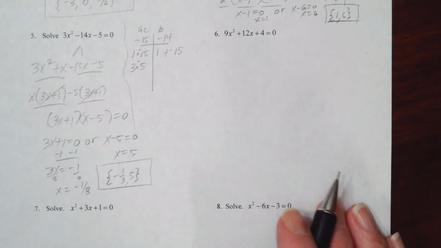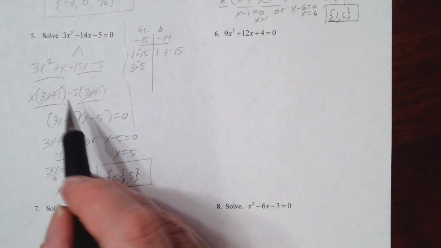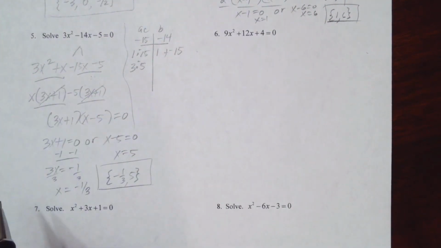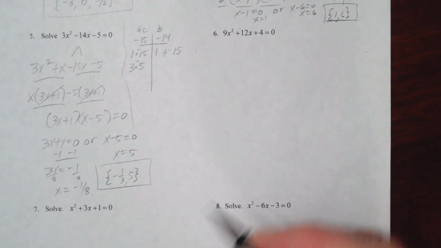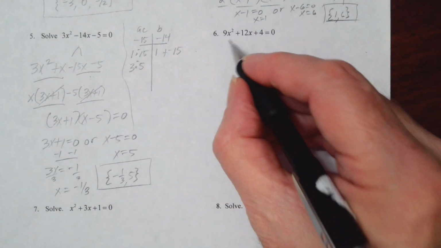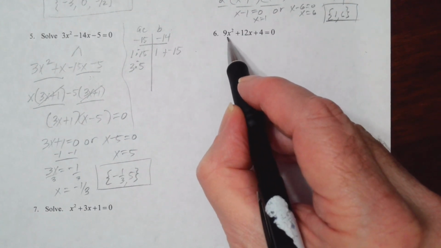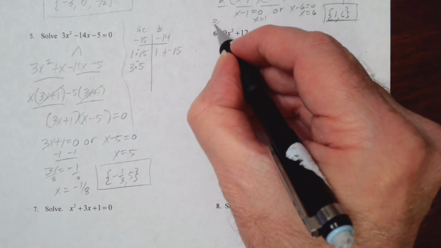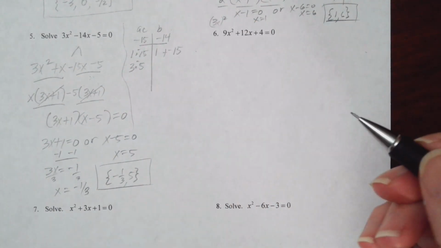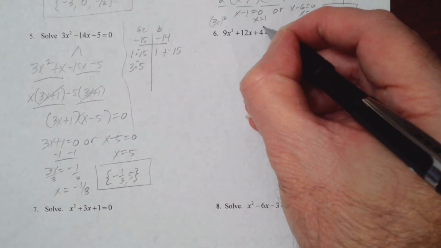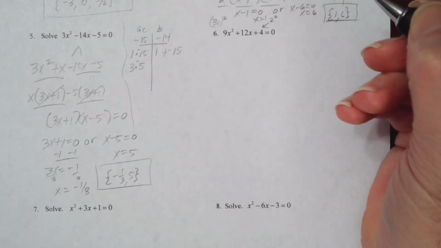All right, number 6 can be solved just like number 5. You could use the AC method, but the other option you have here is you can look at the ends and notice 9x squared is 3x squared, or 3x times itself, and the 4 is 2 squared.